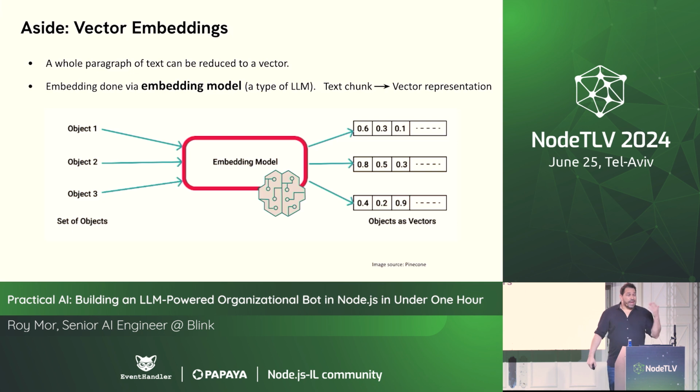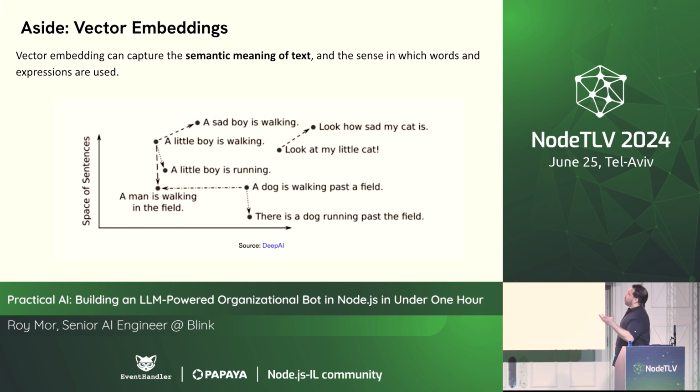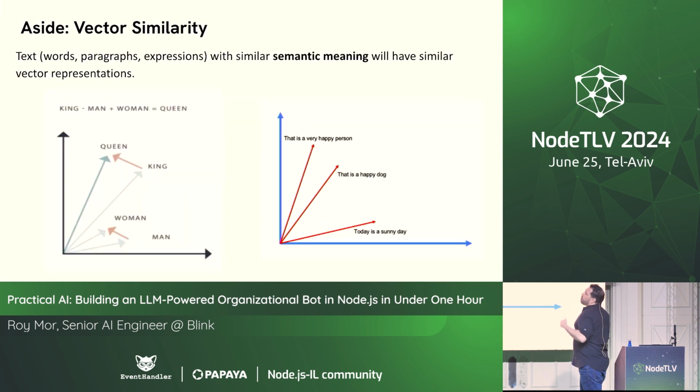And embedding, reducing text to a vector, is done using something called an embedding model, which is a type of LLM. It's a language model of type encoder that we give a text chunk, and it outputs a vector representation. The nice thing is that vector embeddings can capture the semantic meaning of text and the sense in which words and expressions are used. So words, paragraphs, expressions, and so on with similar semantic meaning will have similar vector representation.